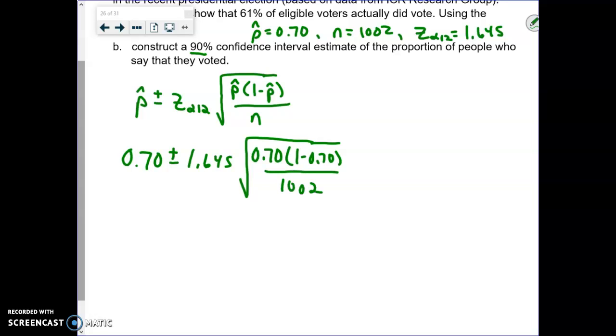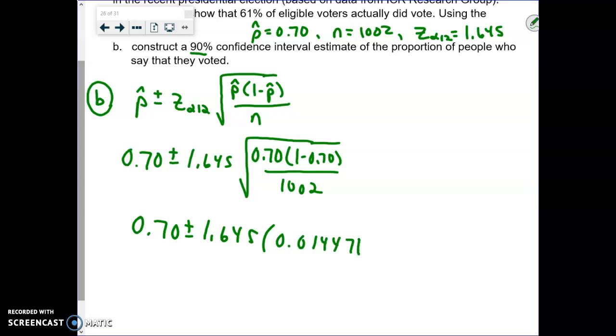Now, as we go through this, this is part B. Calculate your standard error first. And that would be 0.0144769, and so on. That number right there is your standard error.